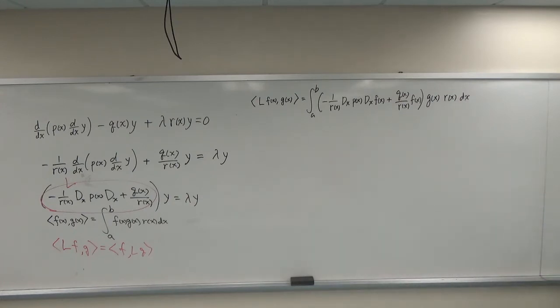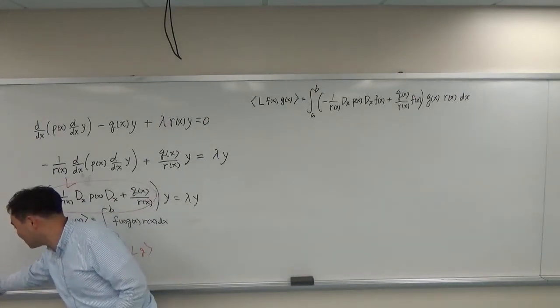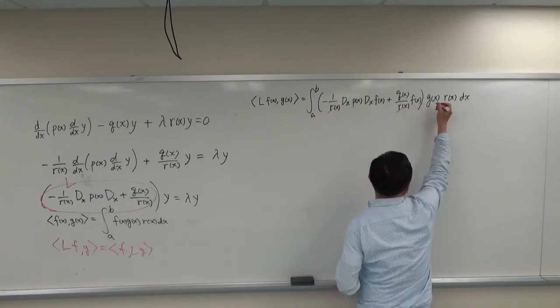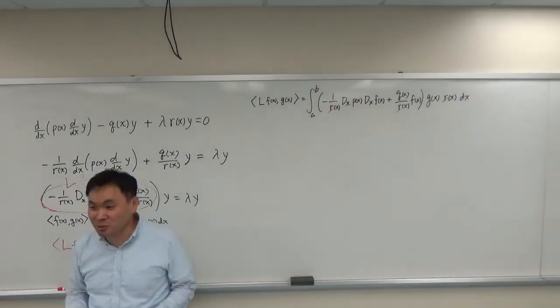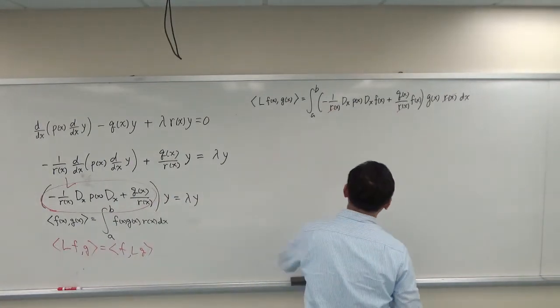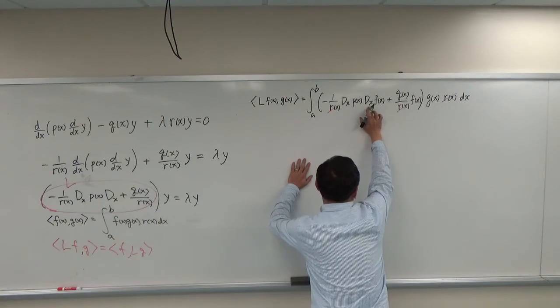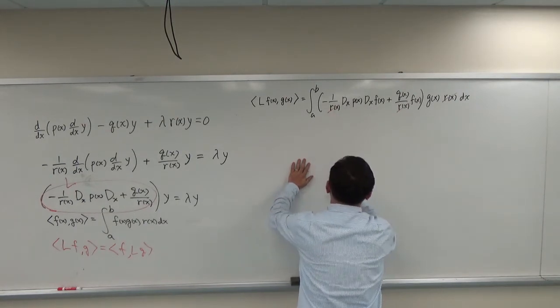Immediately you see that, what do you want to do? The first thing you want to do is bracket, right? Get rid of the r(x). That's the most annoying part. Let's get rid of that, and then think about what this is. This is like f is differentiated once, and you multiply by p, and you differentiate once. Okay, so this is what you get.